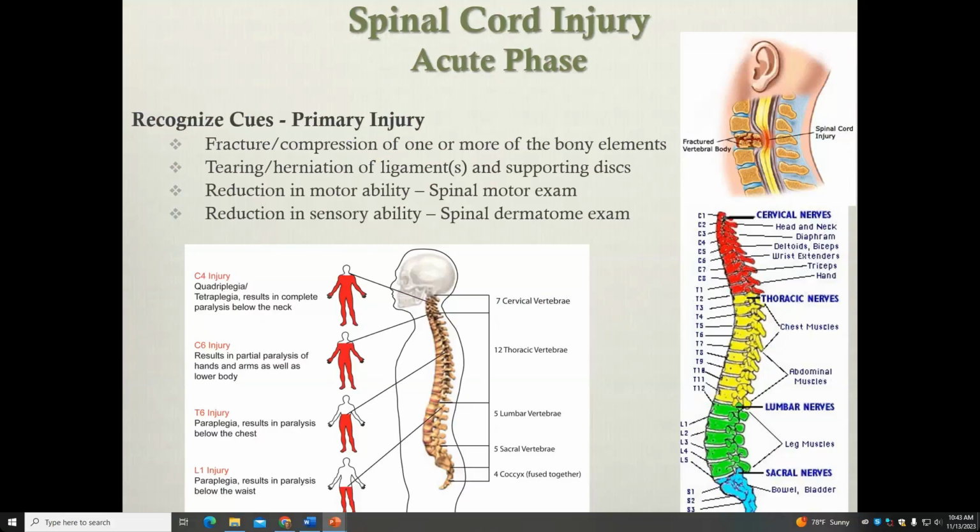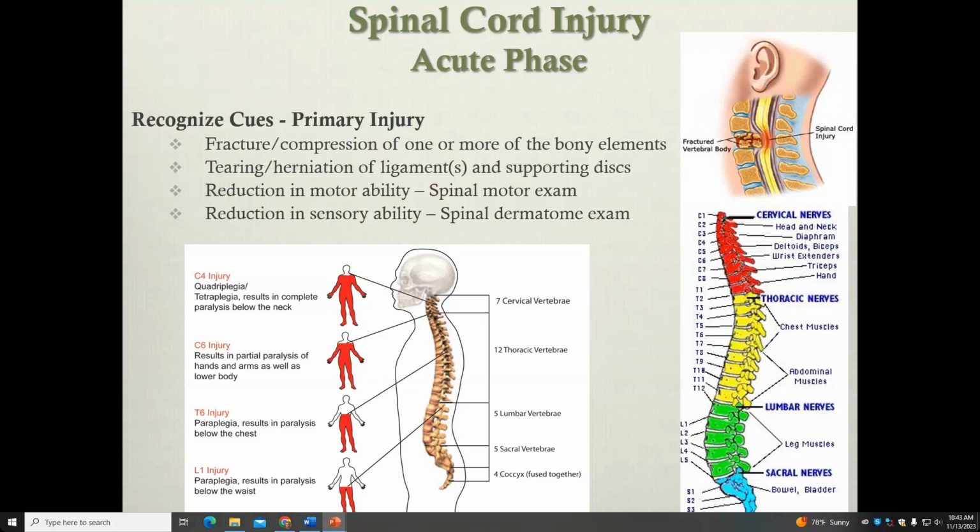You can do the big spinal exam, but I'm not testing you on the spinal exam because your patient has to be awake, alert, and responsive in order to do the spinal exam fully and completely. Some of our patients maybe, some might not, but this is probably what I would spend my time with, is what do the big gross things that happen.